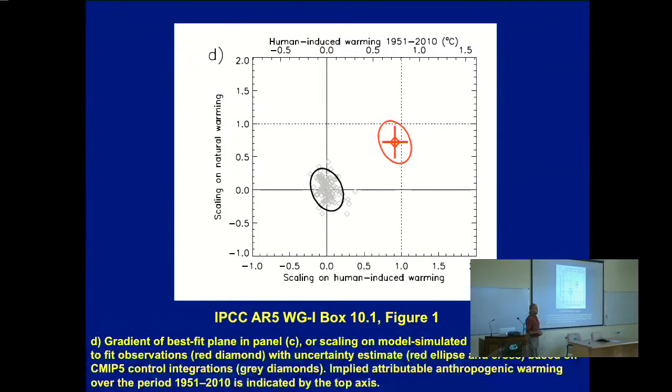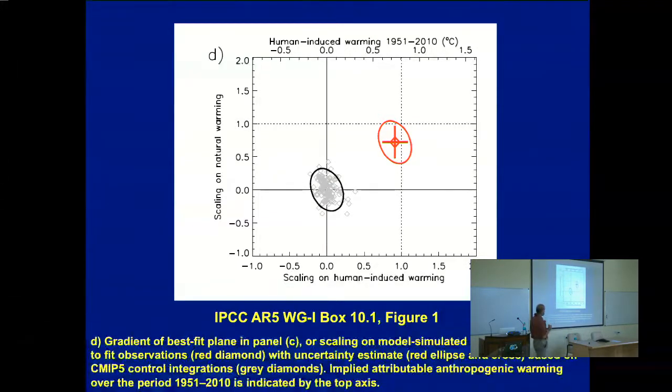So these are what I call scaling factors. Okay? So essentially this point is so close to 1, 1, right? When it's close to 1, 1, it's essentially telling you that this is a linear combination of that blue curve and that orange curve with almost equal weightage in order to get the observations.